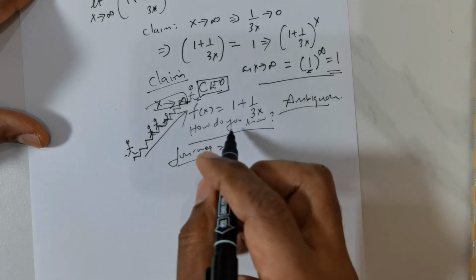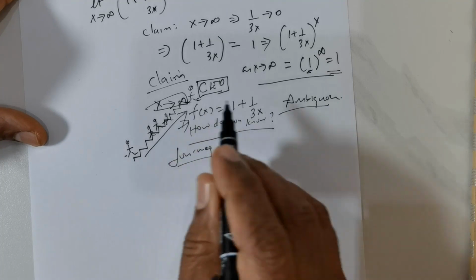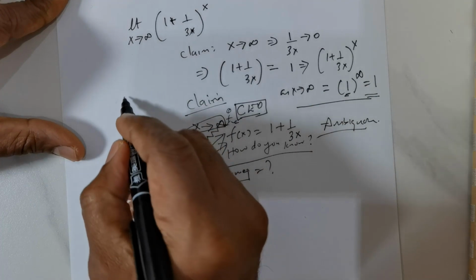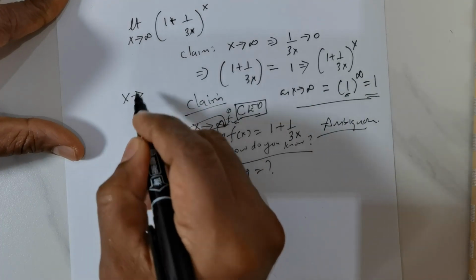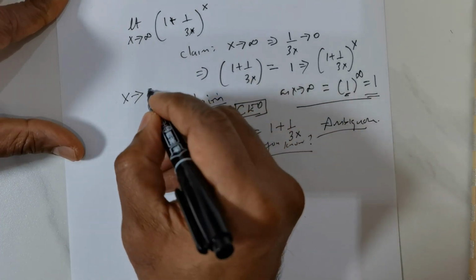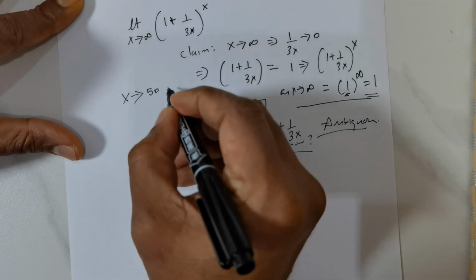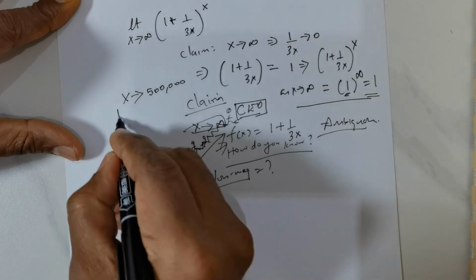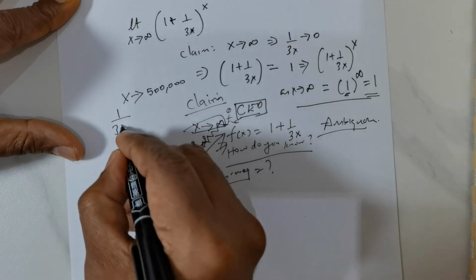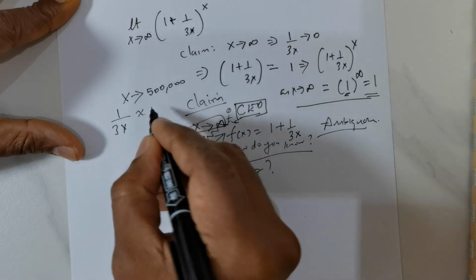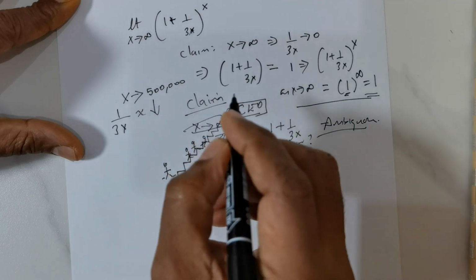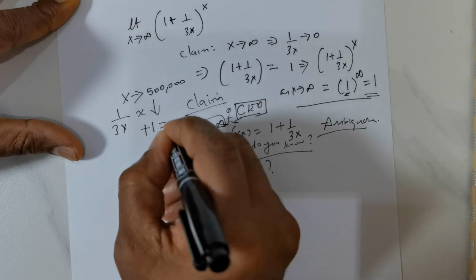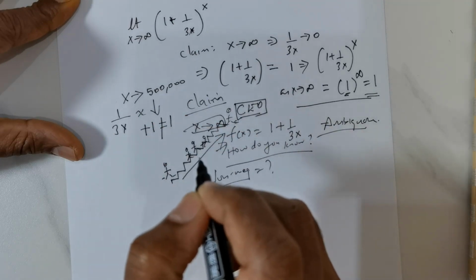We want to know the journey taken by f of x. Now in this case, suppose I were to take x to be a very large value, say for example 50,000 or 500,000. Now 1 divided by 3 times x will definitely be a small value, but this small value added to 1 is not equal to 1.